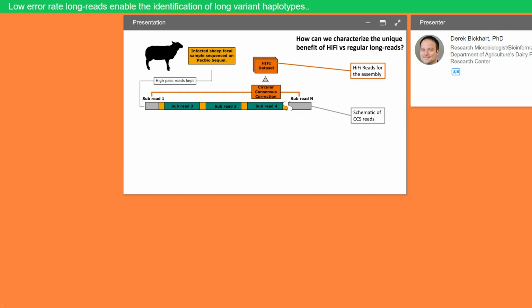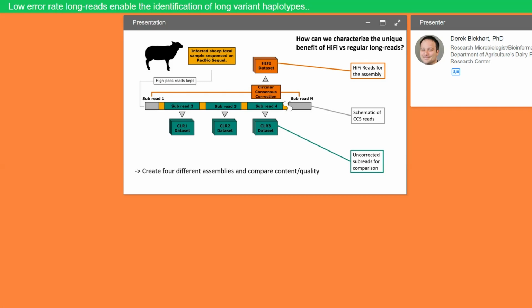But I thought, what if we could actually get around the sampling bias, where if we sequence the same sample multiple times, we may get different results. What if we took individual subreads from that same sequencing run and used them as if they were uncorrected PacBio reads? This now allows us multiple samples, multiple low uncorrected reads that we can use in our comparison.